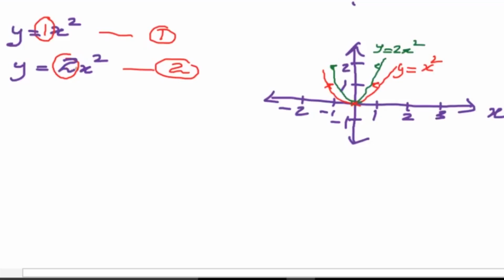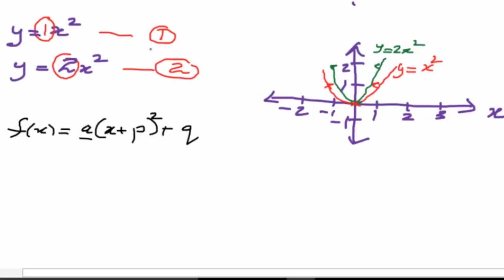This number here in front of the x is the value of a in our standard equation. That is our standard function. Let's write down the standard function. The standard function is given as f of x equals a(x plus p) all squared plus q. So the value in front of the x in equation 1 is 1, in equation 2 is 2, is actually the value of a.